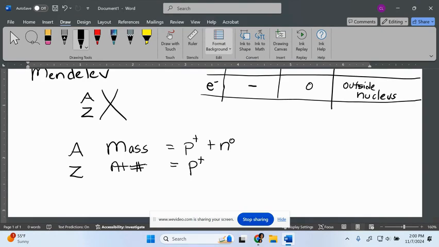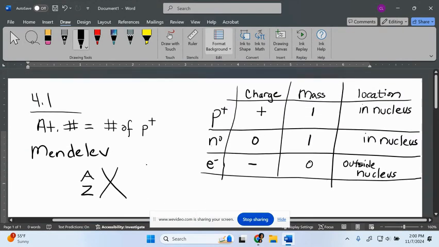We asked, one of them was the mass of a neutron is approximately equal to the mass of what? A proton. The neutron's mass is approximately equal to the mass of a proton.